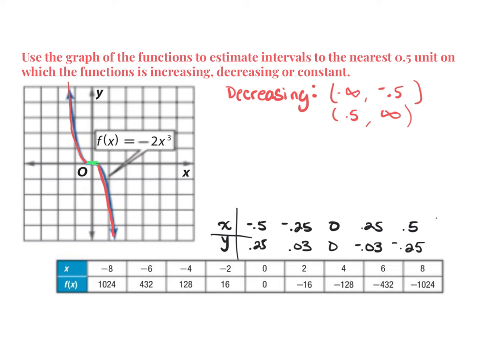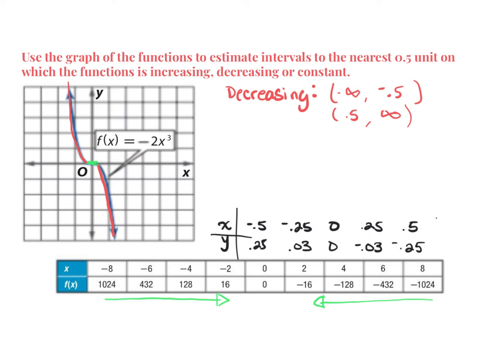However, every time you are looking at the graph, you want to support your answers numerically by looking at a table. It does look like I am decreasing as we're going from negative infinity, and it looks like we're decreasing toward positive infinity. But we want to look precisely at what's happening between that interval, this part in green, that looks like it's constant.